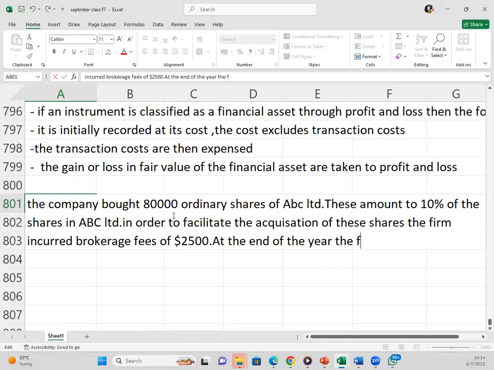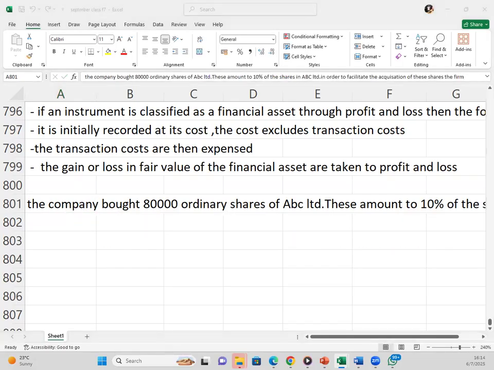At the end of the year, the fair value of the investment.